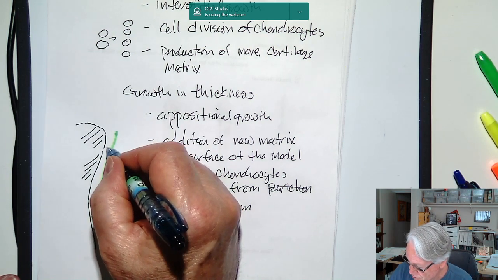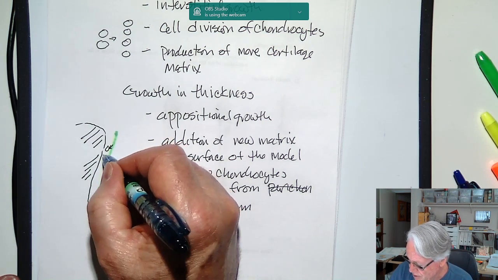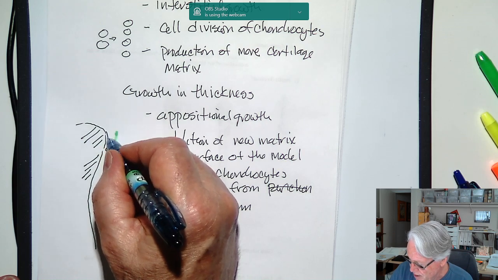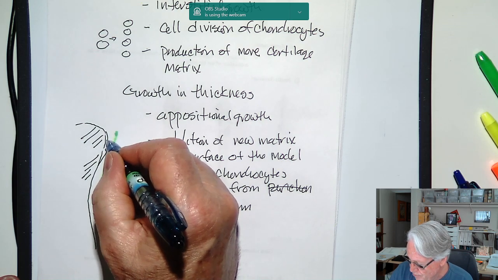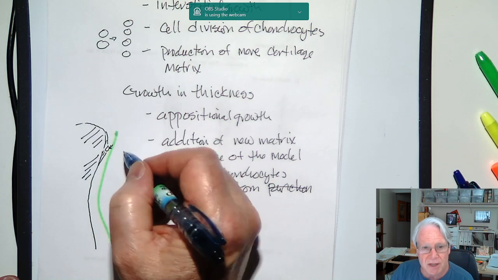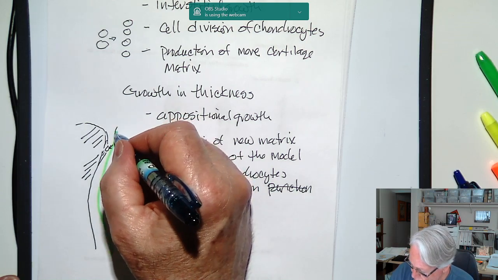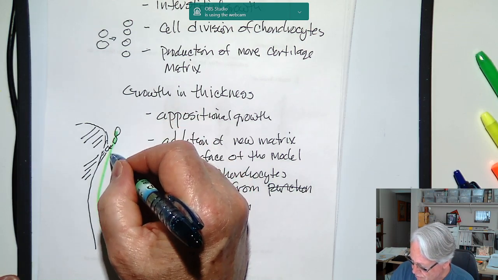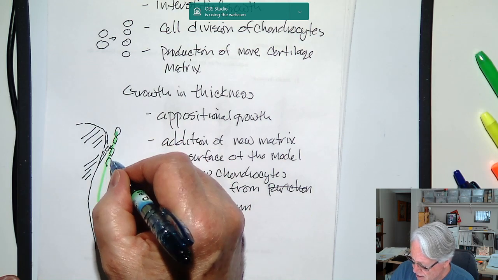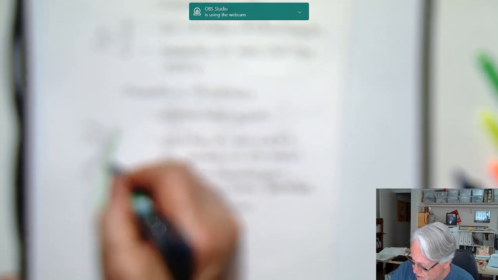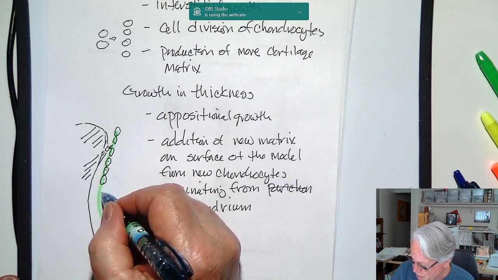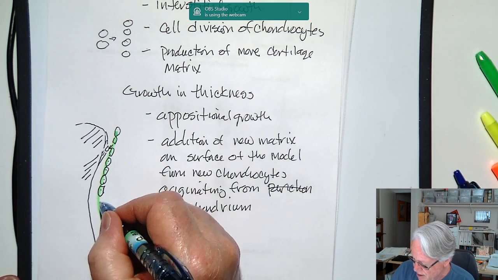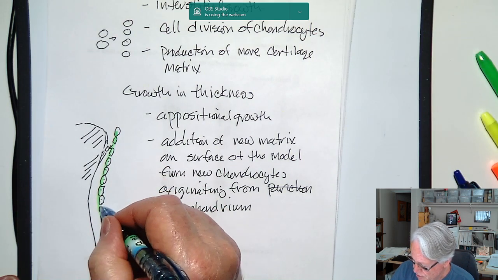So new cells are originating from this, and we're adding more material as that process goes on. This layer, remember, is a cellular layer. It's not like a piece of saran wrap or plastic wrap that is surrounding the bone.